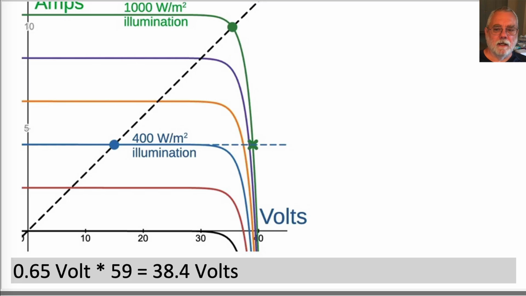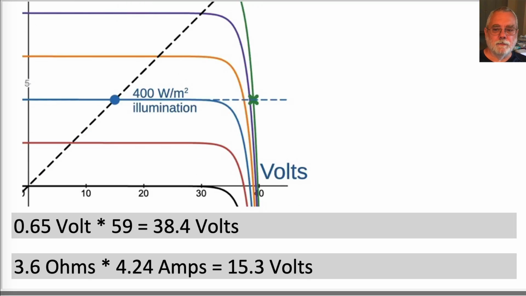Each fully illuminated cell will source 0.65 volts at 4.24 amps, higher than the 0.6 volts for 10 amps. 59 cells will source 38.4 volts together. 4.24 amps and a fixed load resistance of 3.6 ohms gives 15.3 volts. The sum of the voltages on the 60 cells must equal 15.3 volts.